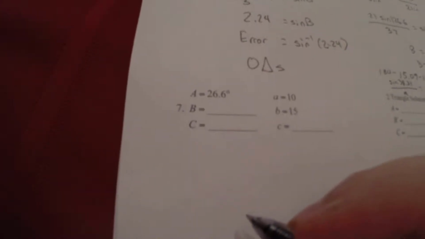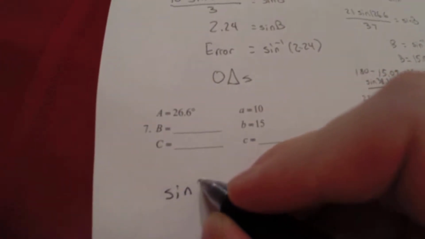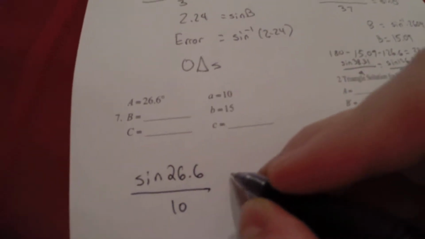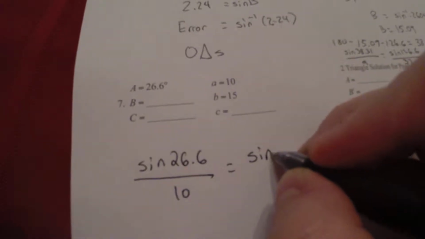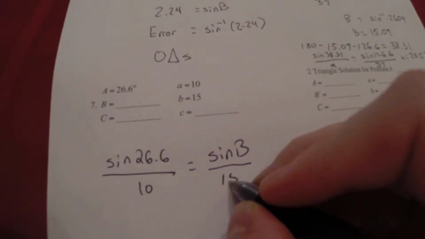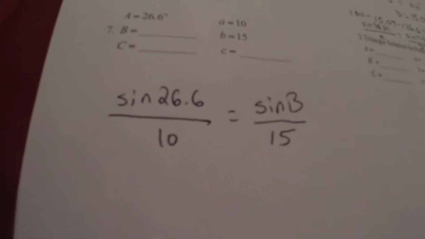It starts off like normal. Again, you have an angle and a side, so you can do the law of sines. This is going to be sine 26.6 over 10 equals sine B over 15, and cross multiply and divide just like before.